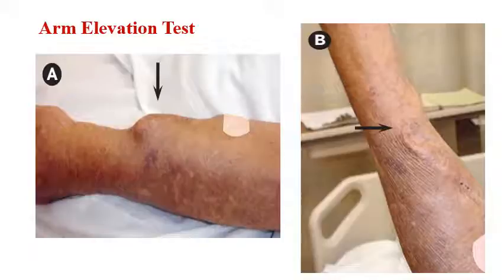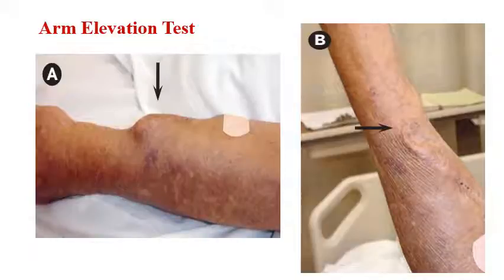Usually when you raise the arm above the level of the heart, the fistula will collapse or will go down. It will not be swollen like in picture A. This usually occurs because when you raise the arm, this causes more drainage of the blood from the AV fistula. So this is what should happen.